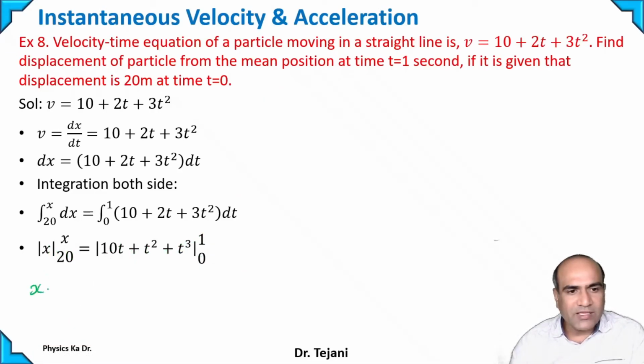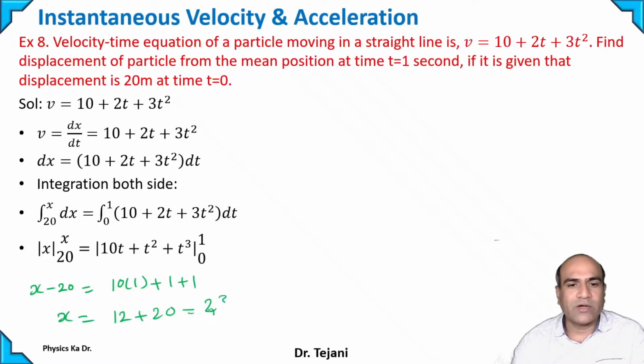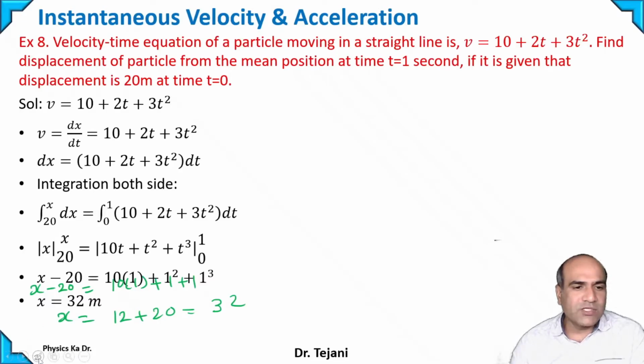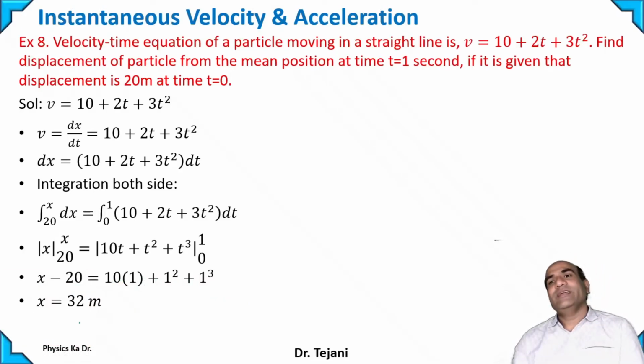So x minus 20 is equal to 10 plus 1 plus 1, so x is equal to 12 plus 20, which is 32. Right, so the answer is 32 meter.